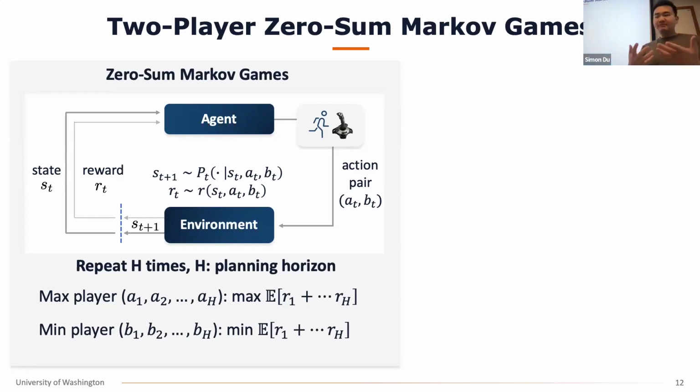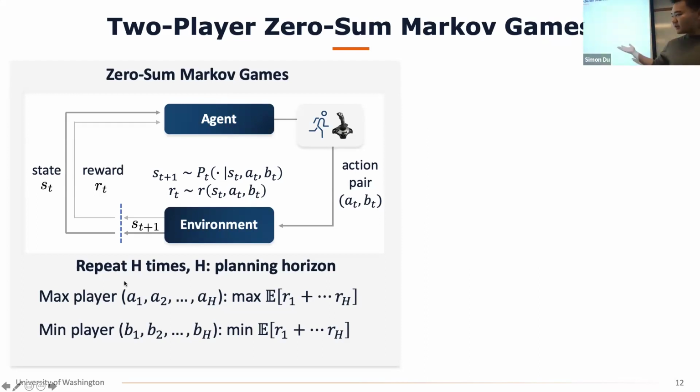Both players choose an action, and the environment transitions to the next state according to the transition probability, which depends on the current state and the actions of both players. It also reveals a reward to the agents, and this repeats for each time step.